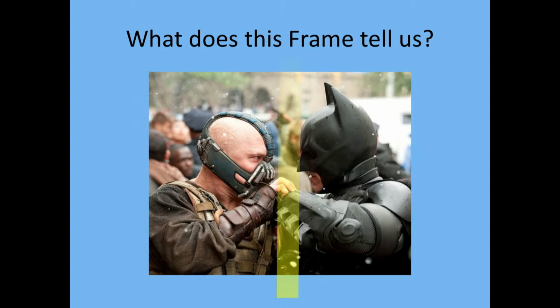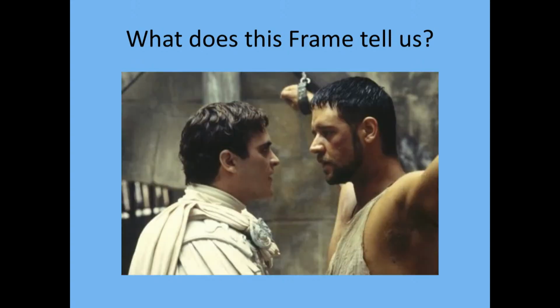All right, let's take a look at another one. So we're about to see another shot. Again, the very first thing you think of when you see this, just tell me who is the stronger character. Okay, here we go. 1, 2, 3. Oh, very interesting framing.